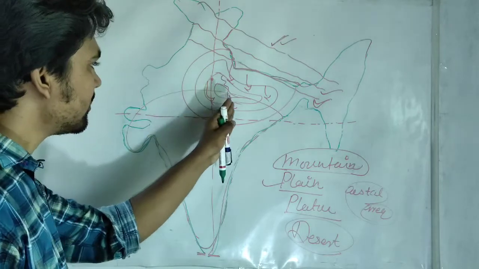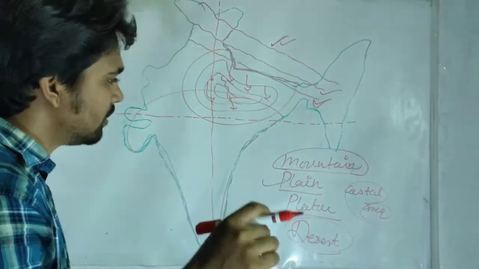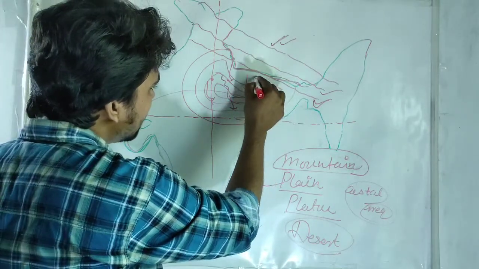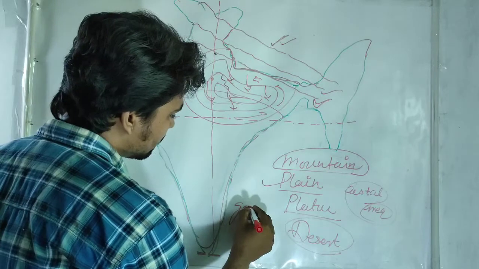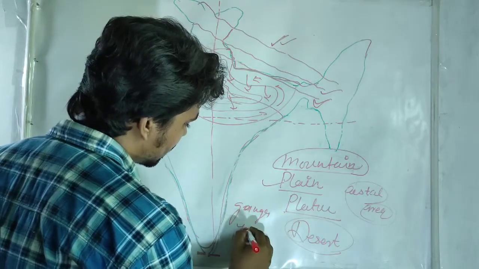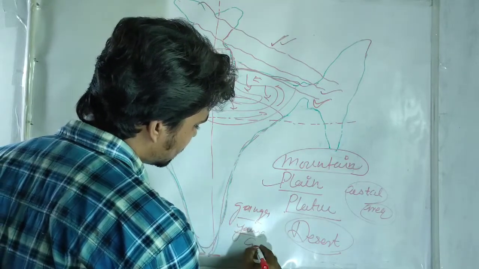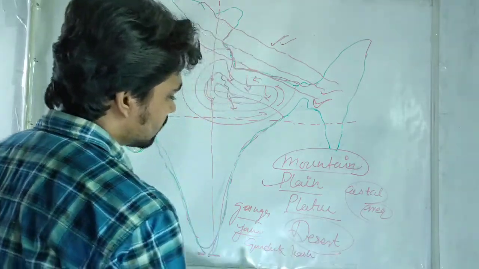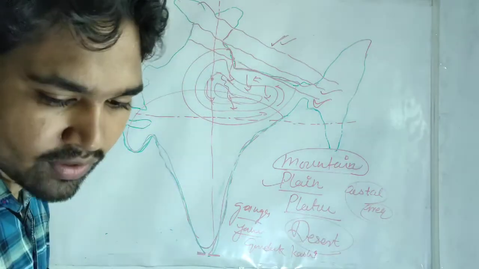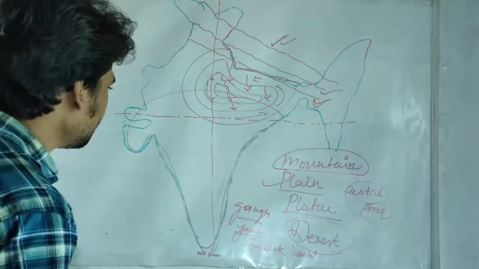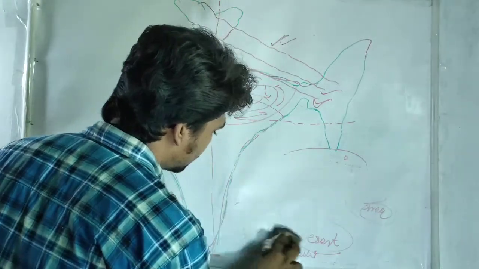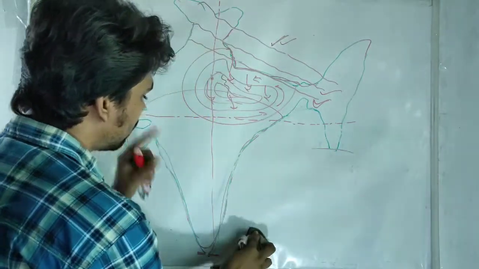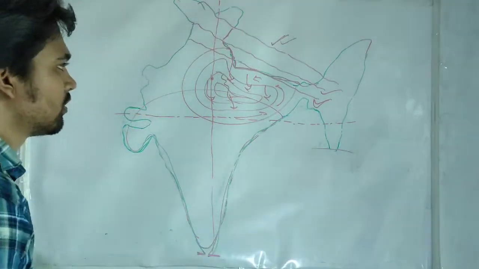Friends, in northern India there are some famous rivers which are responsible for making this plain area. They are Ganga, Yamuna, Gandak, Kosi, etc. Friends, there are some other rivers which flow in different parts of India.